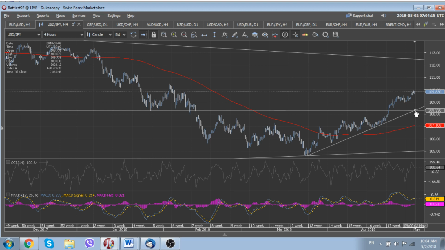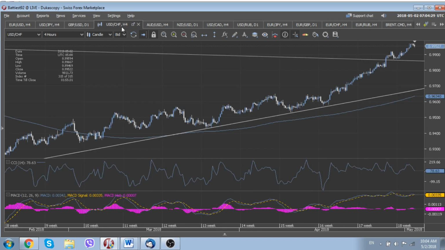It's interesting to note the situation with the dollar Swiss. The dollar Swiss is looking really very overbought at the moment. As you can see, starting from the middle of April, when the pair was below 0.96, we don't have any kind of correction in the price of the dollar Swiss.